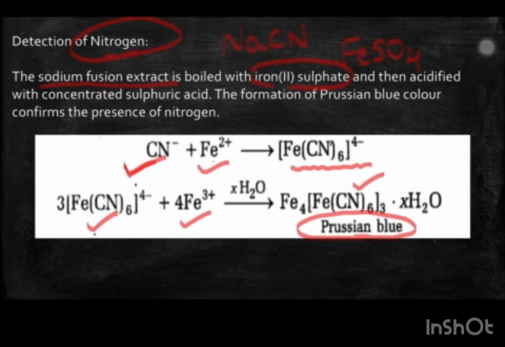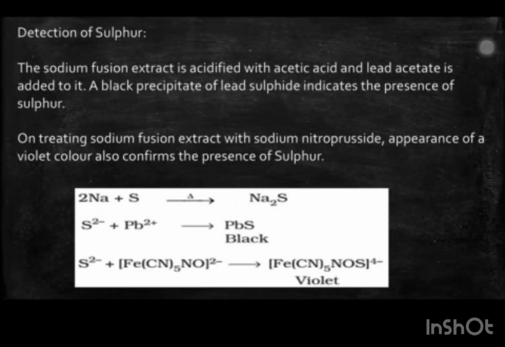Simple testing. And it's a very easy test. It comes instantly. The only thing is you should make sodium fusion extract very carefully. And then once it is ready, the detection of extra elements is very, very easy. Now, if I have to test for sulfur, the next extra element, what will we do?